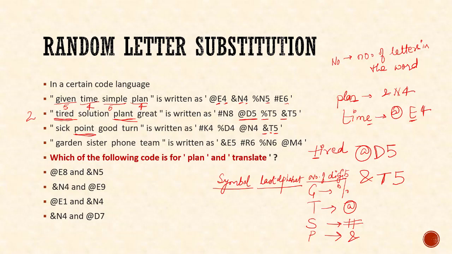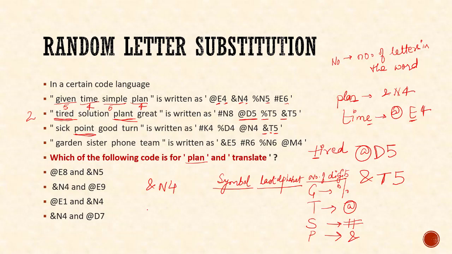Now what is being asked of us? Which of the following codes is for plan and translate? Okay, so plan: last letter is N, and since it's starting with P, the first symbol should be and, and it's a 4-letter word. So this should be the code for the word plan.